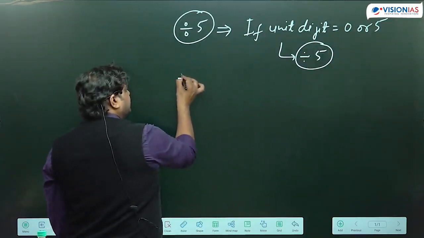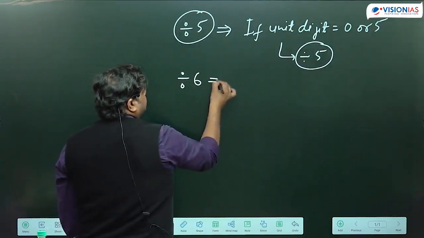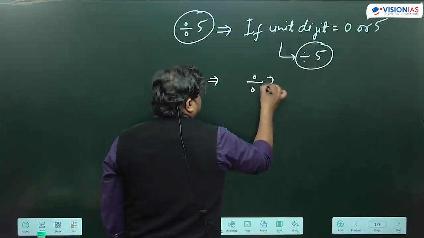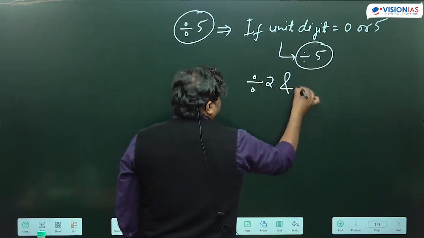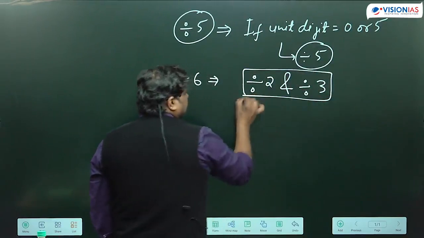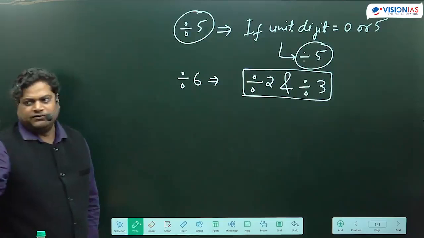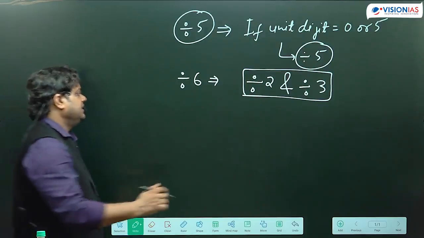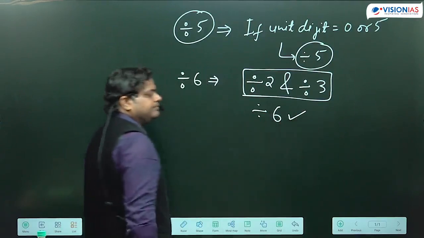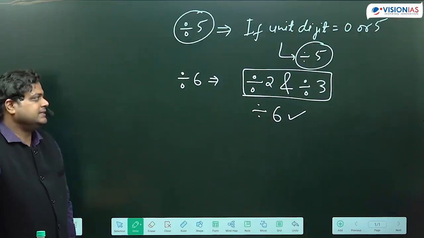Then the divisibility rule of 6. If a number is divisible by 2 and divisible by 3, if both the conditions are fulfilled, then only we can say that the number is divisible by 6.